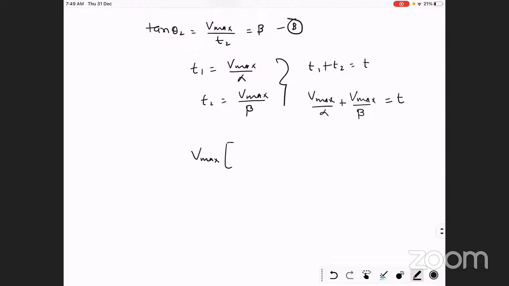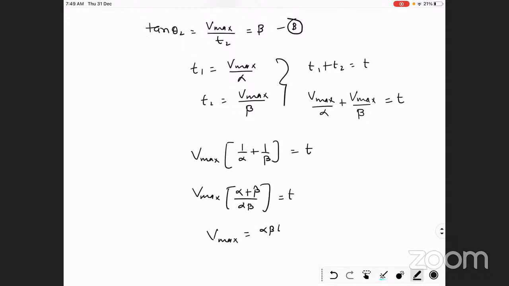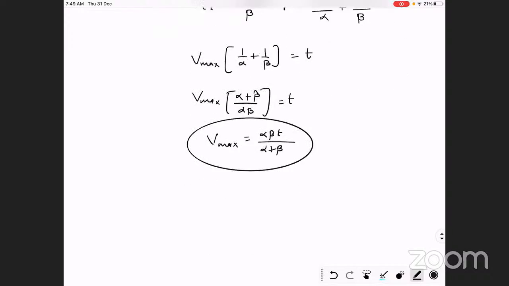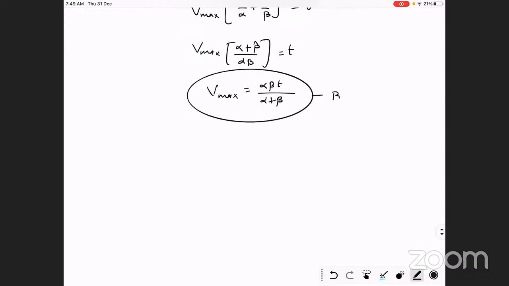Vmax is equal to alpha into beta upon alpha plus beta into t. करेक्ट ये ऐसे ही होना चाहिए मेरे हिसाब से. अल्फा प्लस बीटा अपन, अल्फा बीटा इज इक्वल टू टी. अल्फा बीटा टी अपन. ओके, आई थिंक ये सबको समझ आया ना? Everyone understood this?